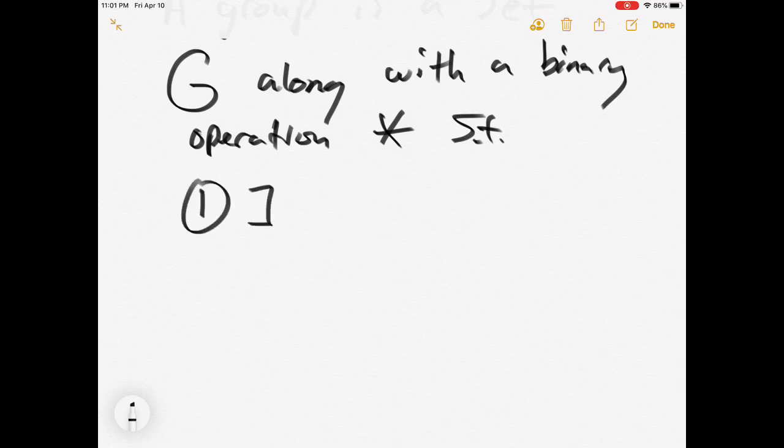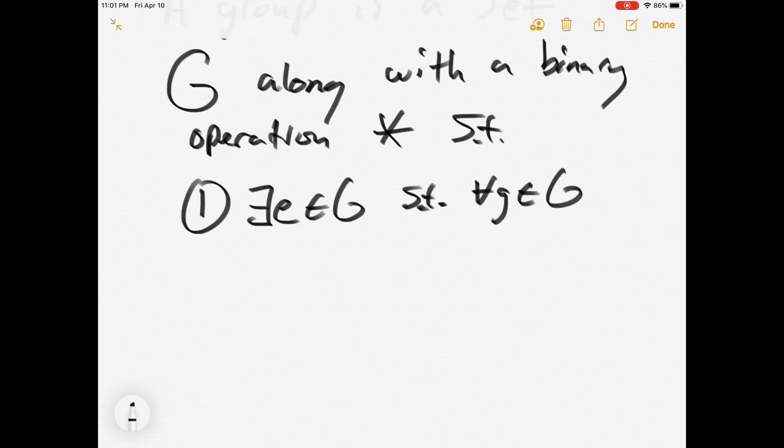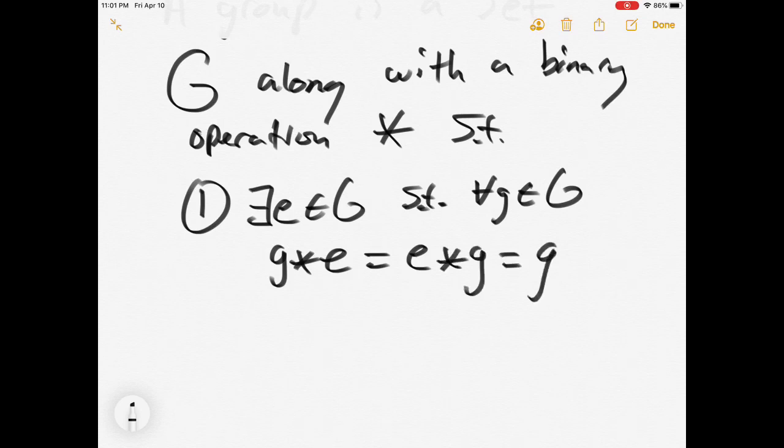Property 1: there exists an element e in G such that for all g in G, g star e is equal to e star g, which is equal to g.